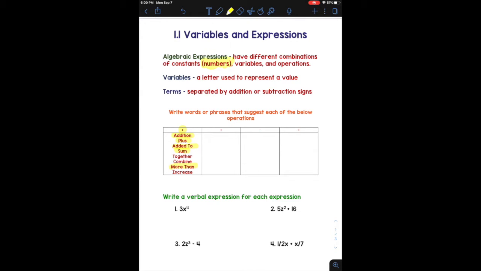that operation. Our second one here is our subtraction sign, and here are the words that we would use for subtraction. You're very often going to see take away and less than. These are all words that mean minus or subtract. The next operation here is just a little dot.